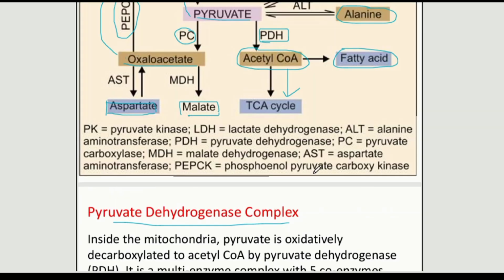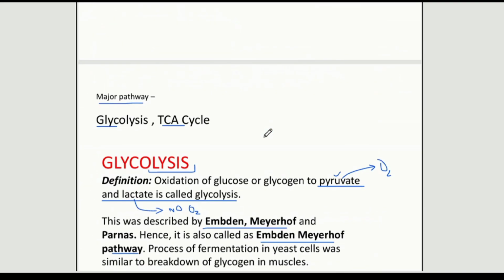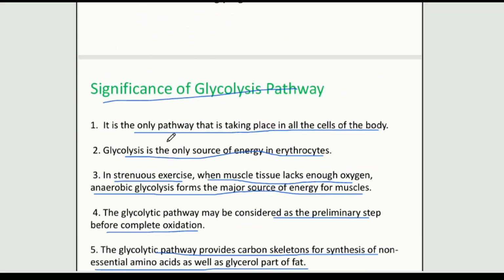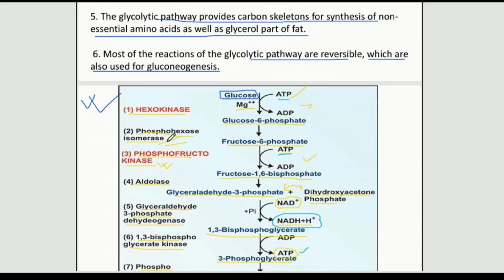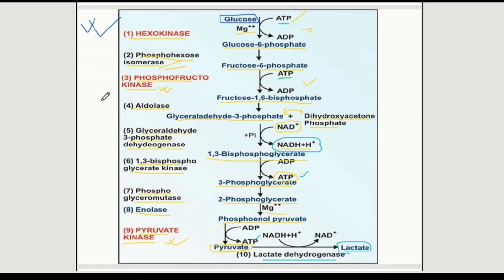So that is all for today. What we have learned: the major pathway of carbohydrate metabolism, that is glycolysis. What is happening here? Glucose is converted into pyruvate. In that process we are getting ATPs, so energy. In the glycolysis pathway, you have to remember all the enzymes and where the ATP is produced.